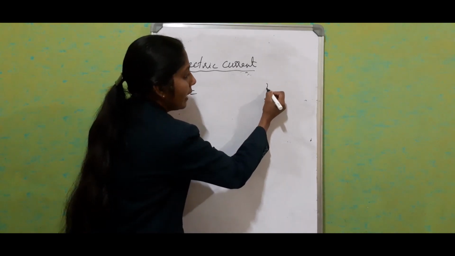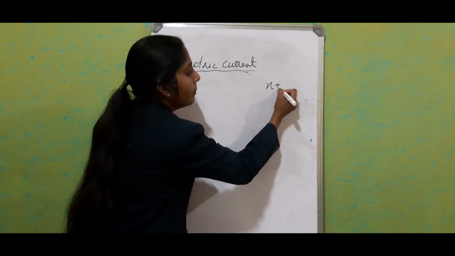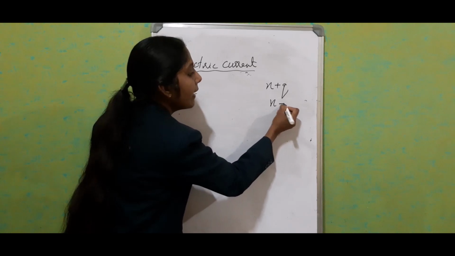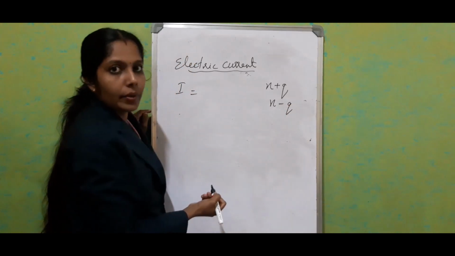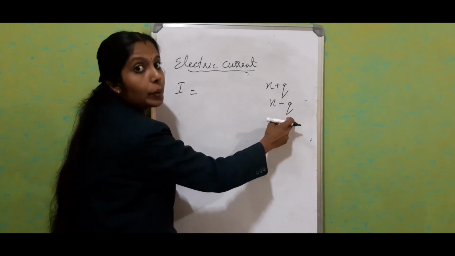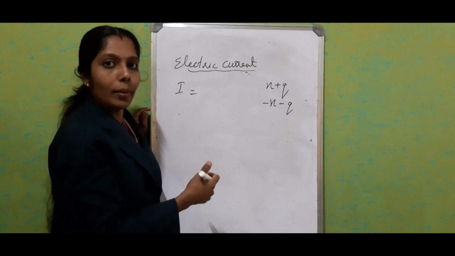So for positive ions we are taking N number of positive ions and N number of negative ions. The movement of the negative ions we consider as negative, and positive is the normal direction.